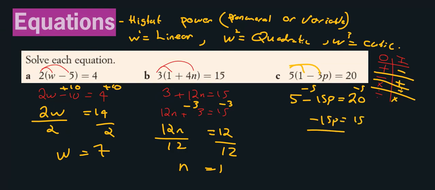We always divide by the coefficient of p, because don't forget we want 1p is equal to. So we divide by negative 15. Like that. Okay.